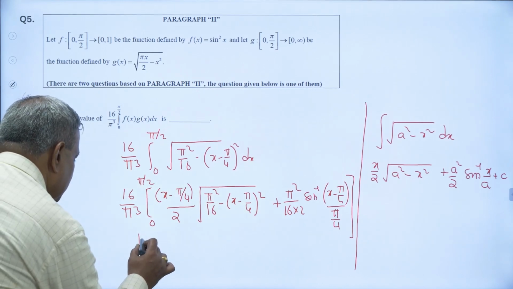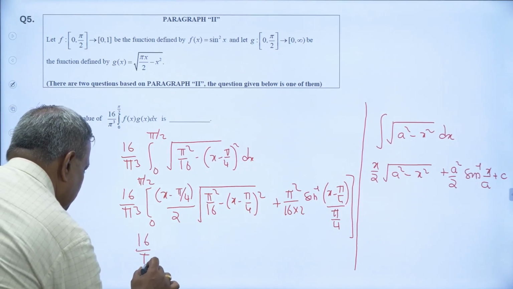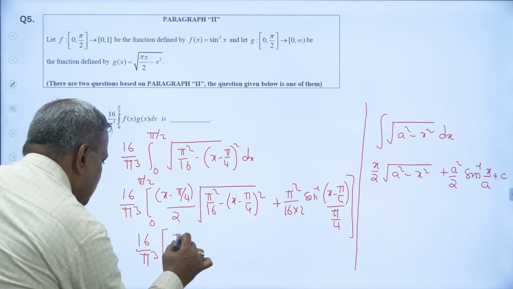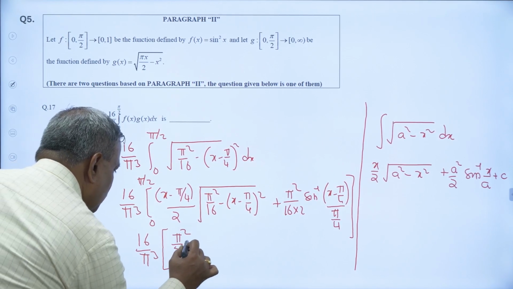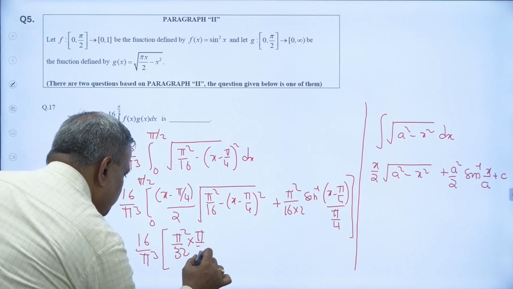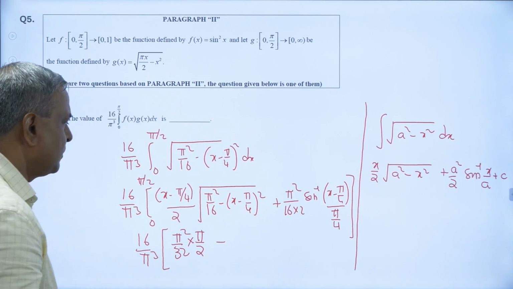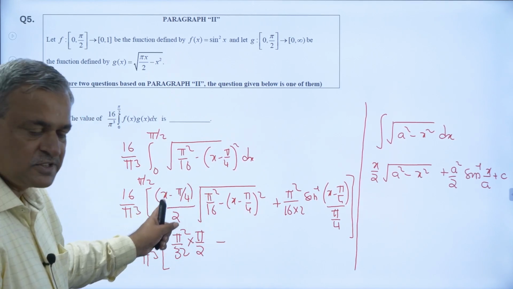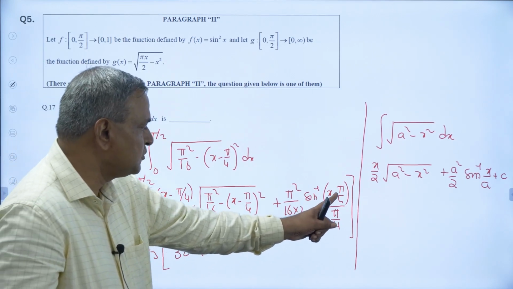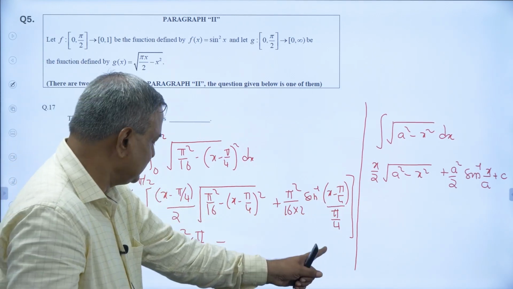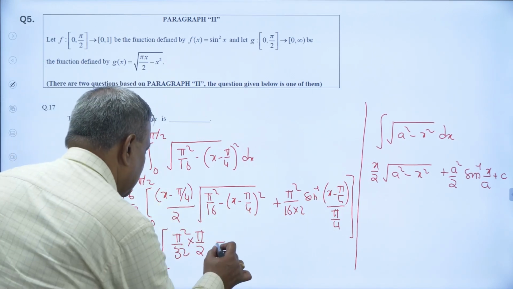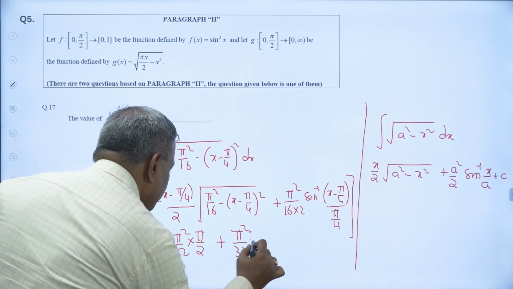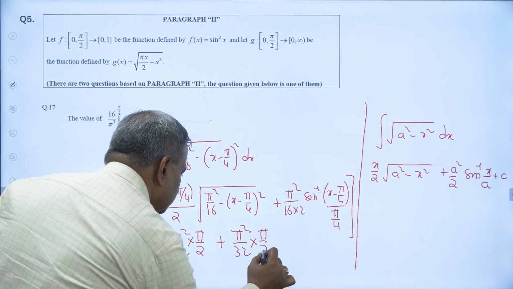We get 16 by pi cube times, upper limit, pi square by 32 into pi by 2, minus the lower limit. If x is equal to 0, this also becomes 0, so you get a minus, and minus minus becomes plus. Pi square by 32 into pi by 2.